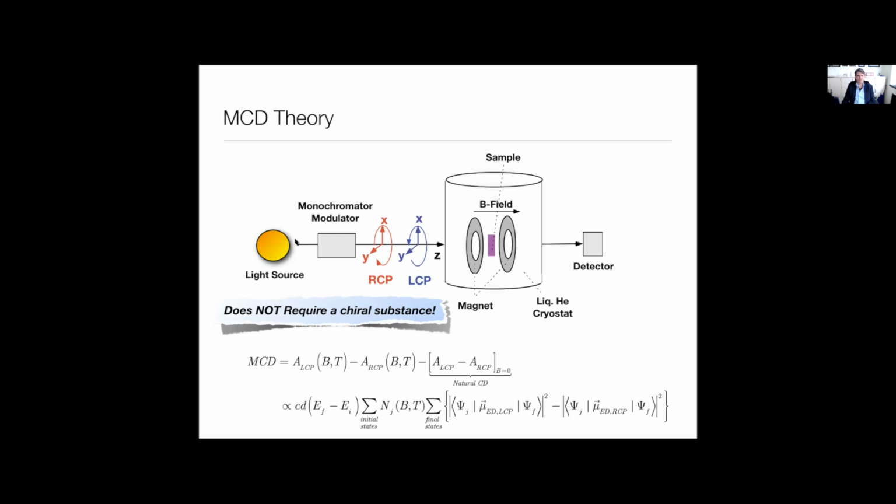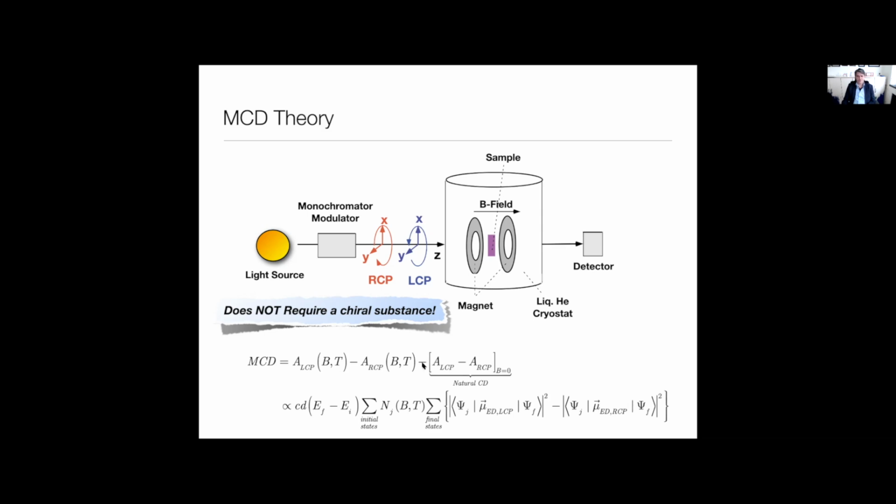So we have a light source producing, through a modulator, RCP and LCP, right and left circular polarized light that is being transmitted through the sample that is sitting in a longitudinal external magnetic field that can be varied and then picked up by the detector, and taking the difference defines the MCD signal.